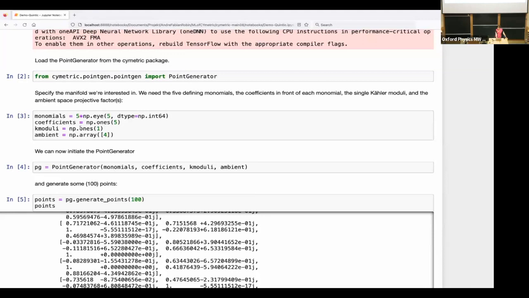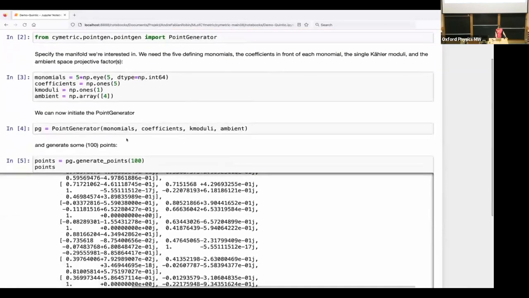I choose the Kähler modulus. There's just one Kähler modulus, and I choose it to be 1. The ambient space is P4. This is encoded here. And then we initialize the point generator, and we generate some points using these commands here.